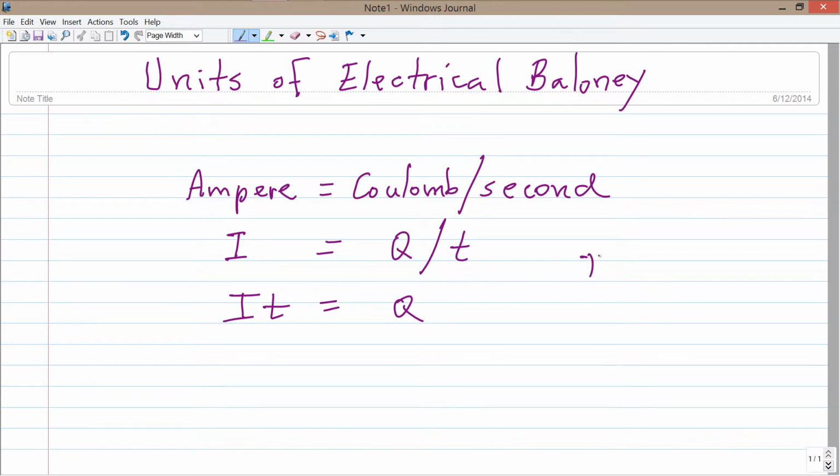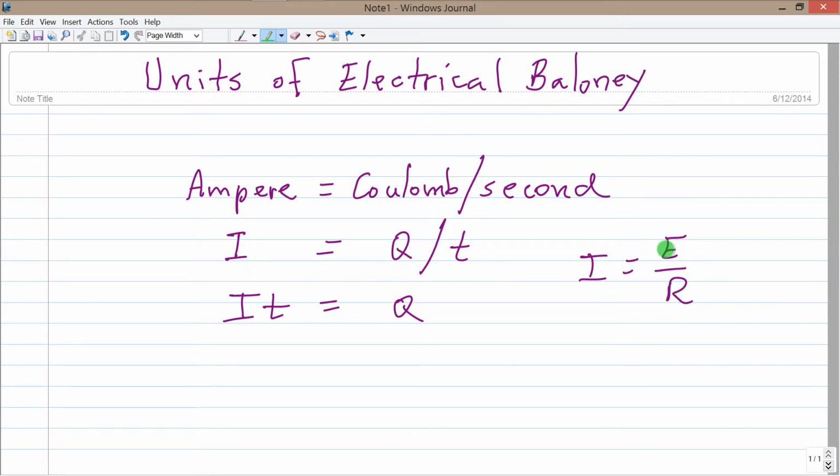Current equals voltage divided by resistance. Amperes equals volts per ohm in a sense. The current in amperes in a DC circuit is equal to the voltage in volts divided by the resistance in ohms, or volts per ohm.